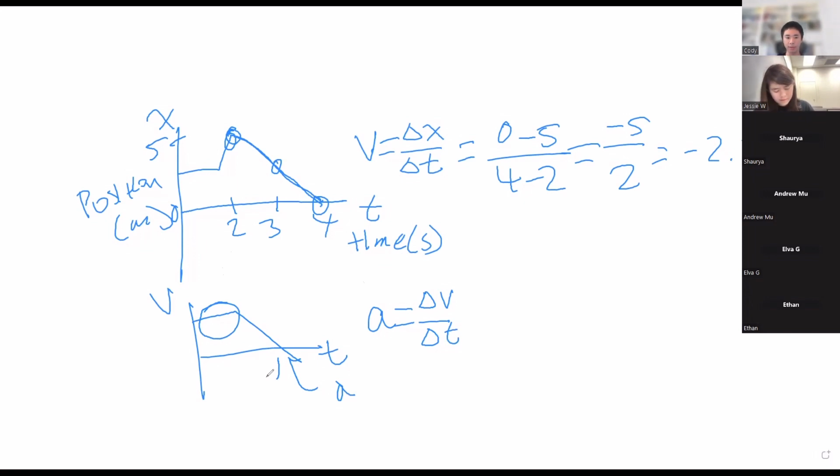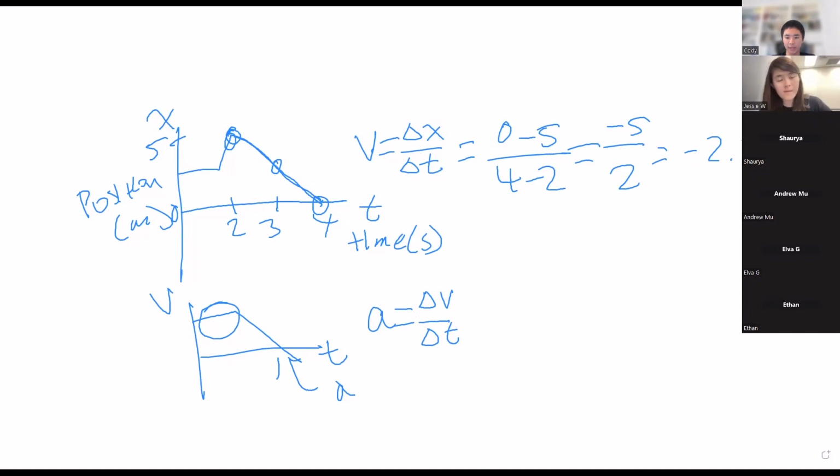But it's important to remember that even though the velocity time graph is flat and the acceleration is 0, that doesn't mean the object is not moving. That tends to be a kind of trick question on the AP test. They'll try to get you to say that an object's not moving when in reality it's moving.